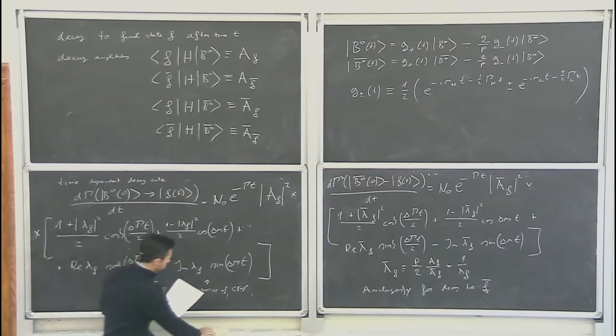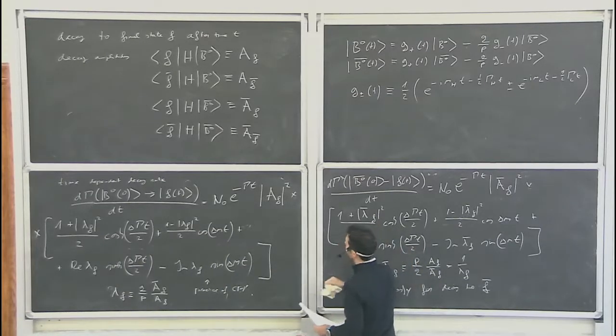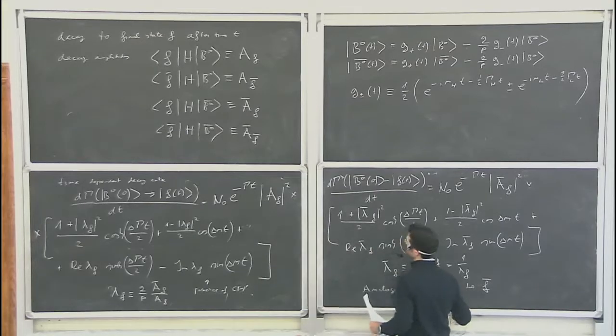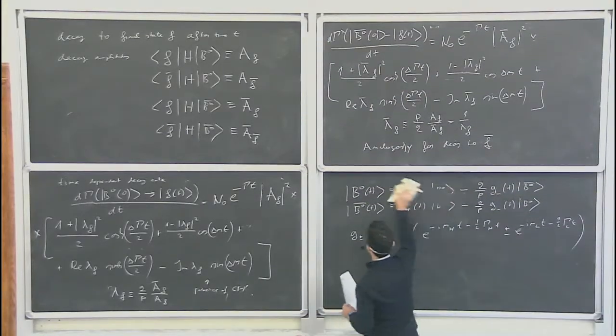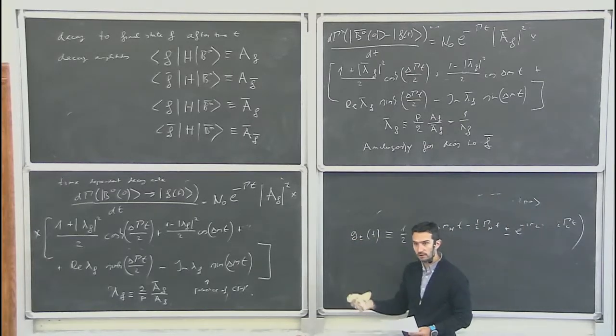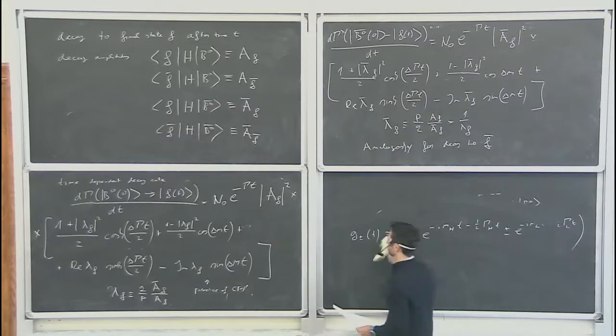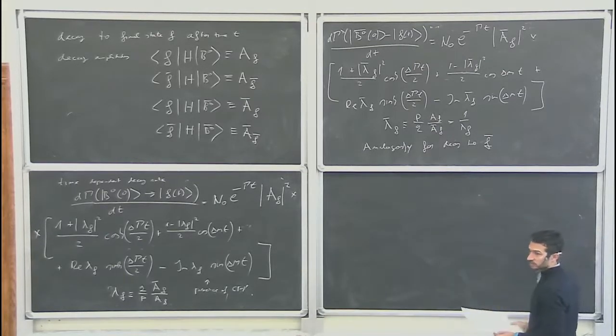In particular, this is perhaps most easily measured if f is itself a CP eigenstate, such that f bar equals f.